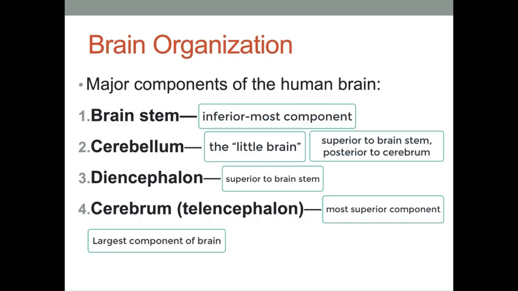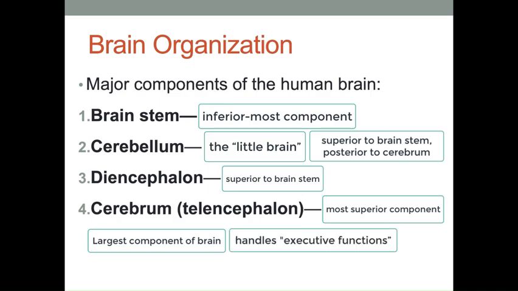neuroanatomists call them executive functions. So these executive functions are basically things that we probably take for granted, but require a lot of processing inside of the cerebrum. So the executive functions include things like your ability to, for instance, listen and appreciate music, or see a work of art and be able to derive meaning from that.